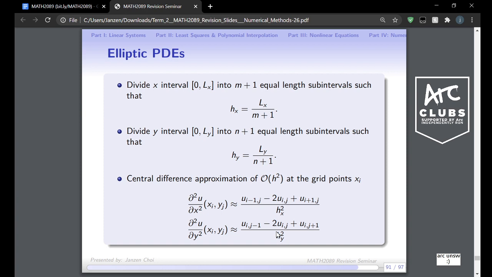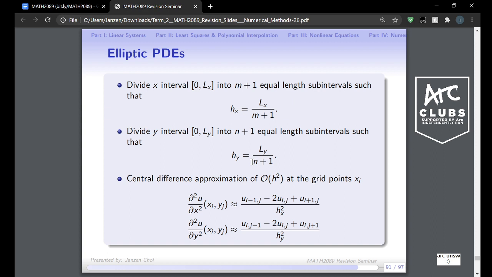So for elliptic PDEs, we are dividing the x and y intervals by m plus 1 and n plus 1 equal length subintervals. And that will give us the step size values.